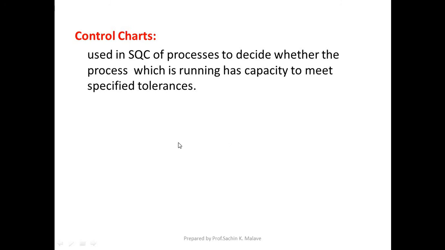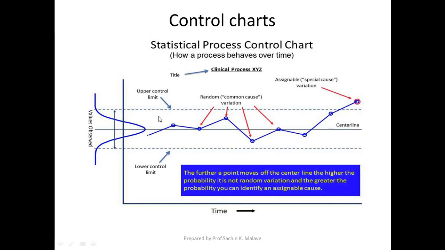Okay, so control charts, we are going to discuss all these control charts in detail, in Unit number 5. As you can see, in any control chart there are basically two limits. On the x axis there is time, and on the y axis there is the variable.